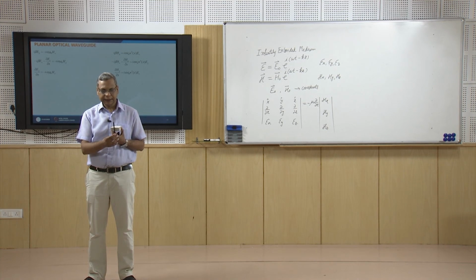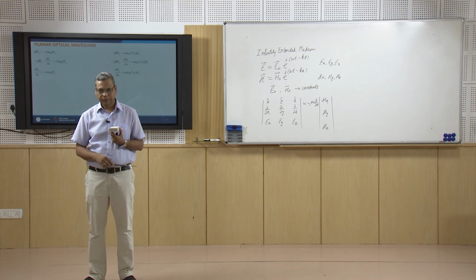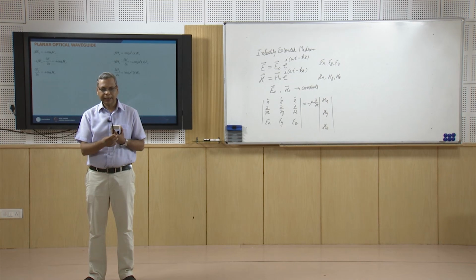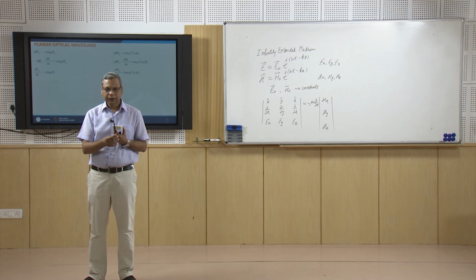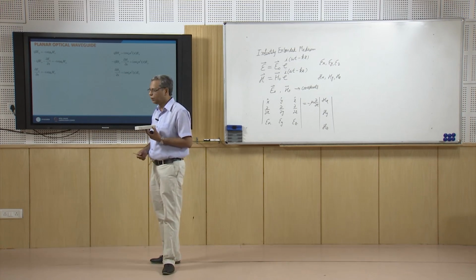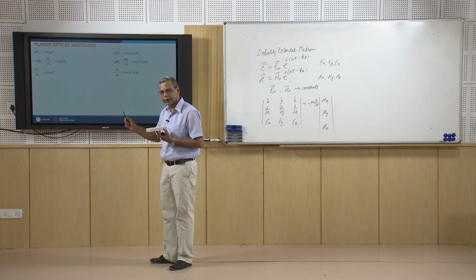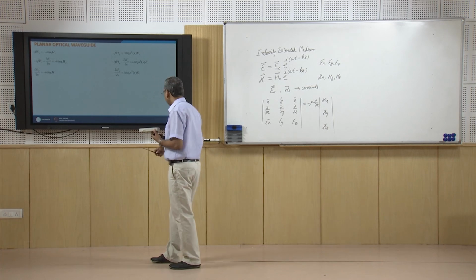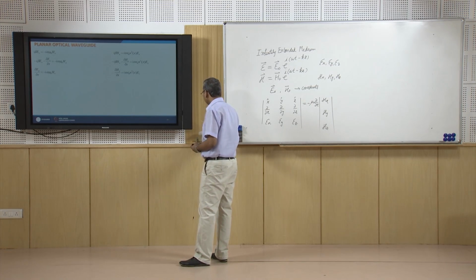This is x axis, this is y axis. So, if I decide to launch this polarization, that is Ey is non-zero and Ex is 0, let me see which equations I invoke. Do I invoke all the 6 equations or only a few of them?